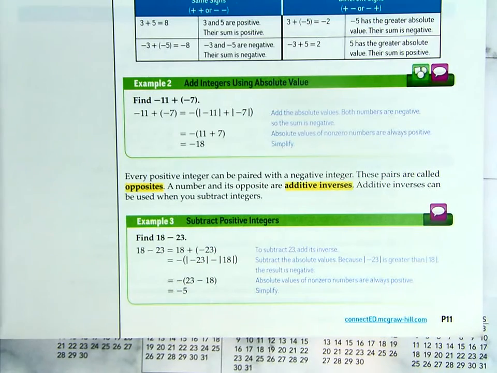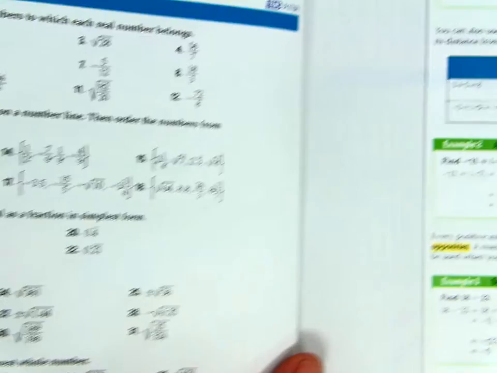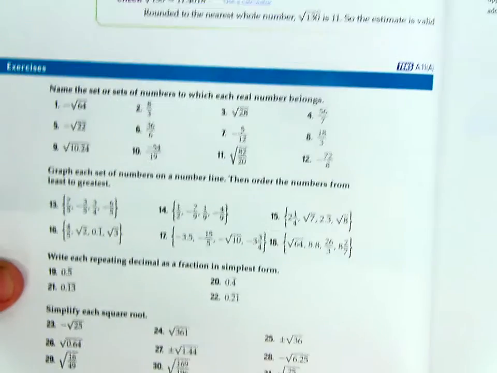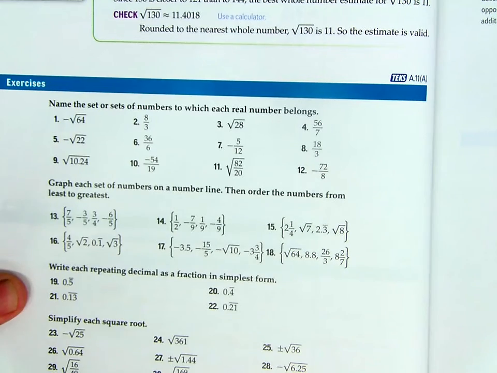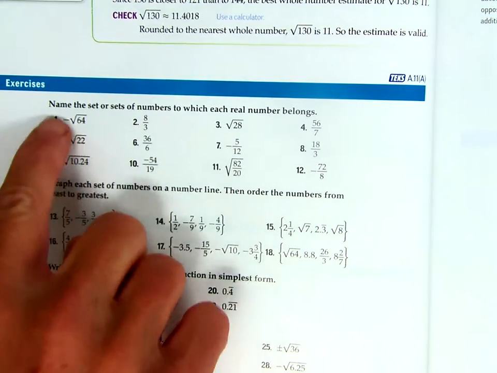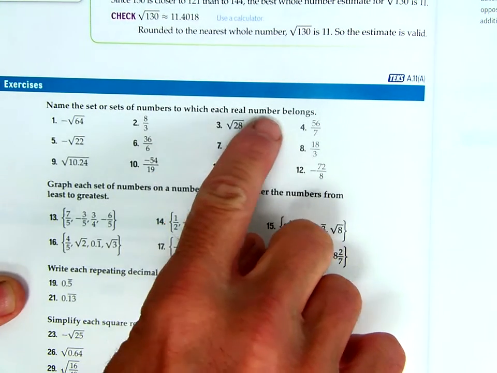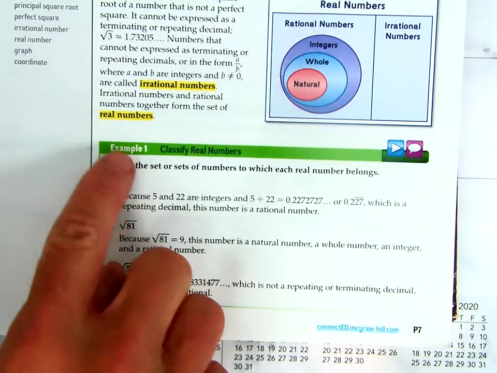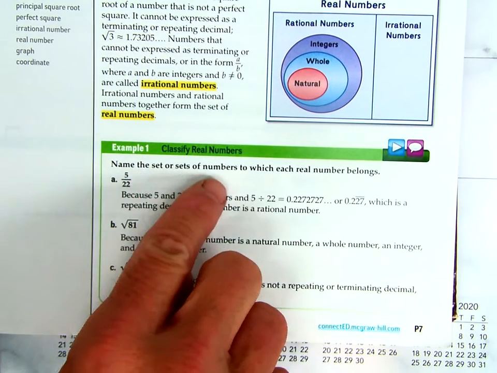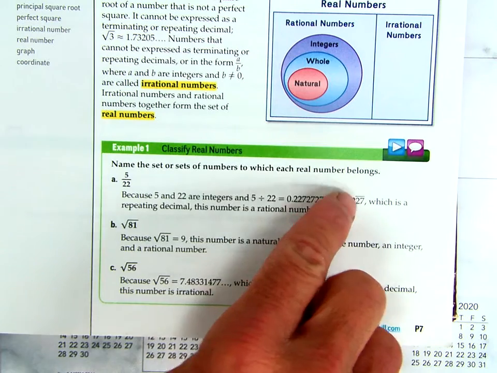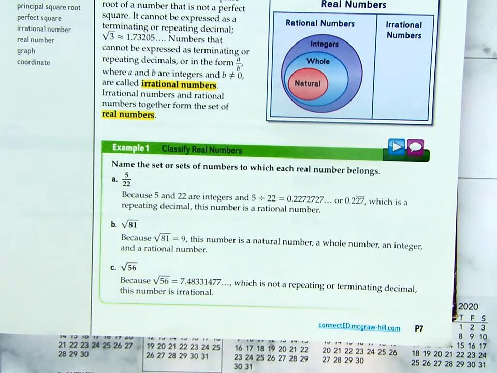So if we flip over here, it doesn't say it this time, but it will when we get into chapter 1. Name the set or sets of numbers to which each real number belongs. Okay, I'll go back here to example 1. Name the set or sets of numbers to which each real number belongs.